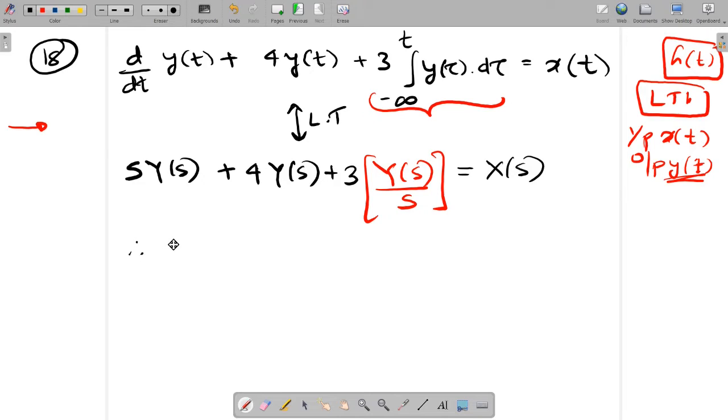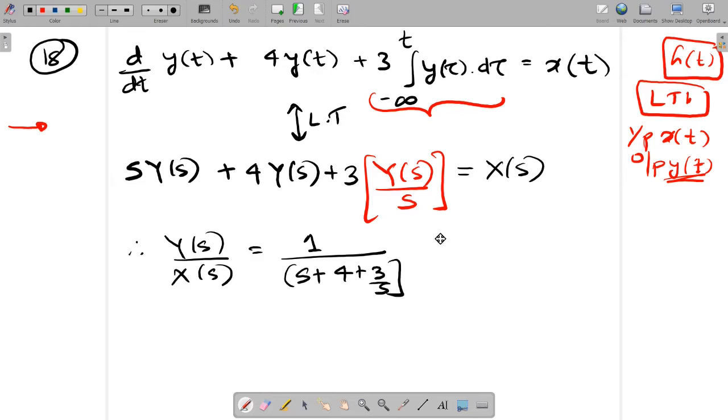Therefore, get all the y of s on one side and all the x of s on the other side. You will get y of s upon x of s is 1 upon s plus 4 plus 3 by s. It comes out to be s upon s square plus 4s plus 3, which is s upon s plus 1 s plus 3.